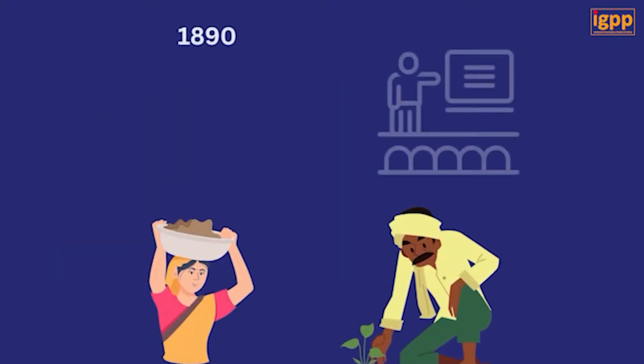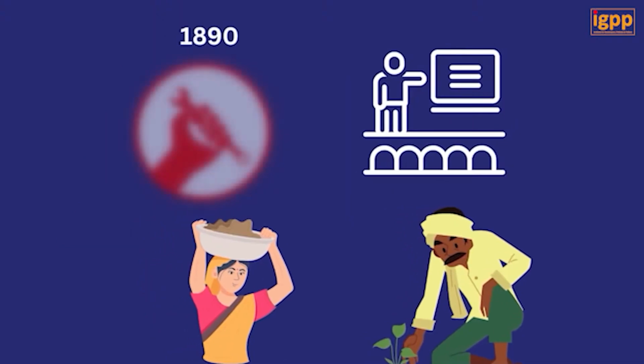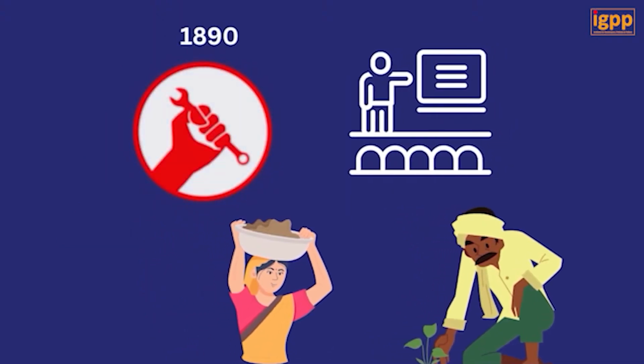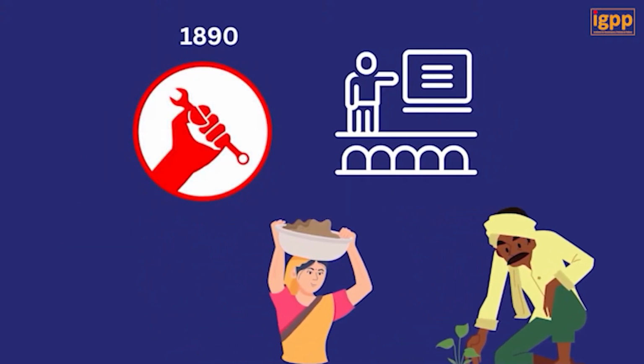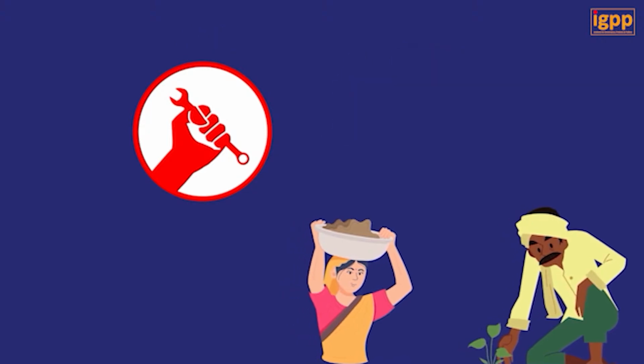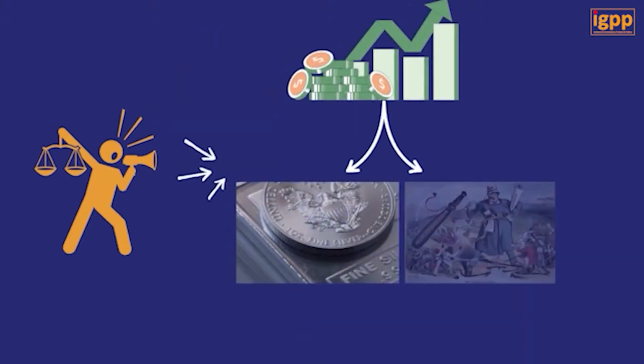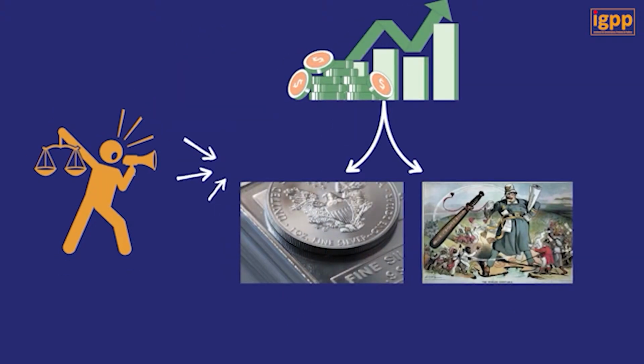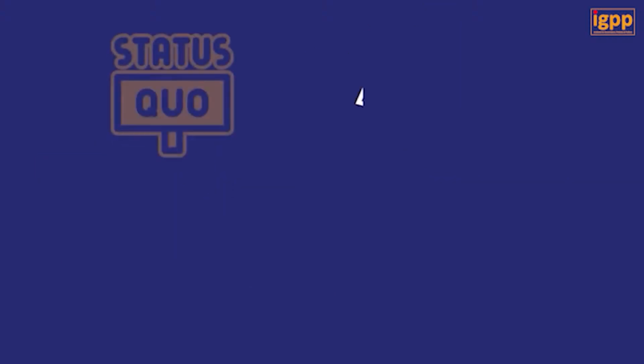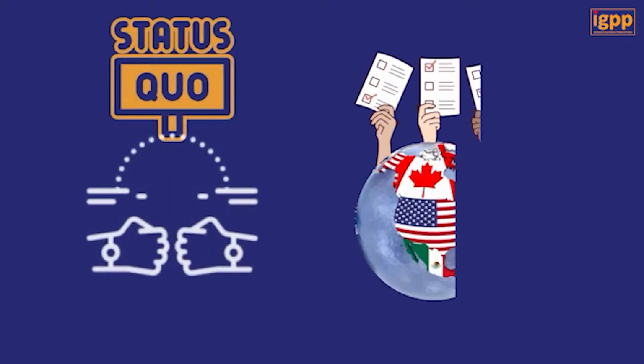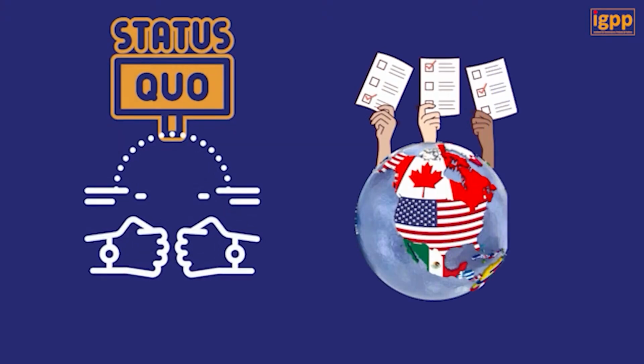The Populist Party, or People's Party, emerged in the 1890s, representing the interest of farmers and laborers. Advocating for reform such as free silver coinage and direct election of senators, they challenged the status quo and left an indelible mark on the American political discourse.